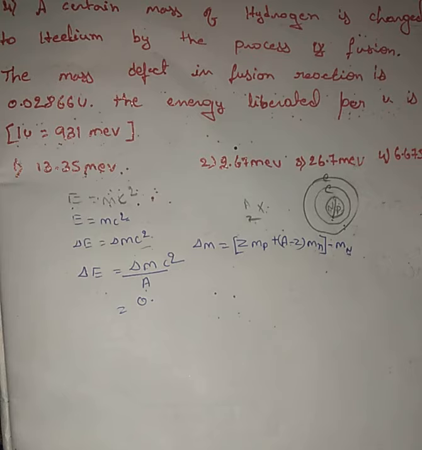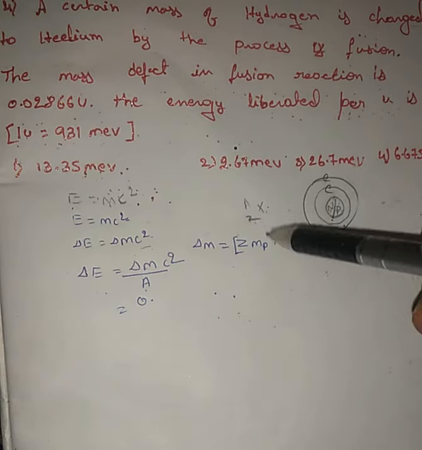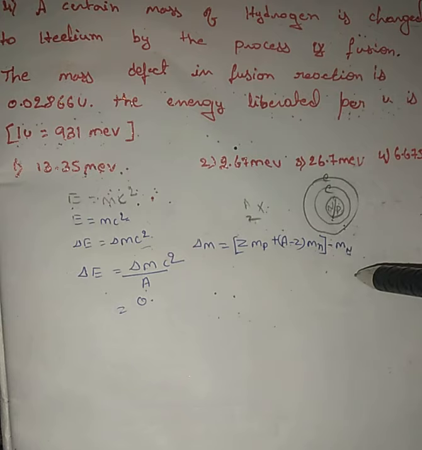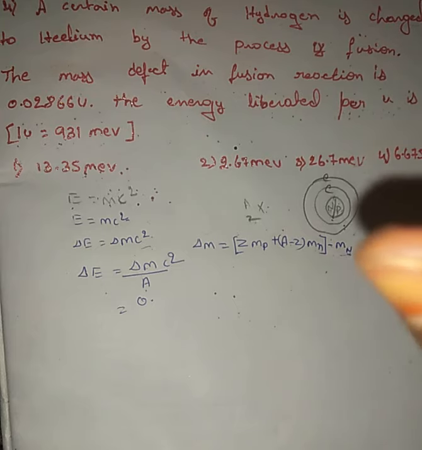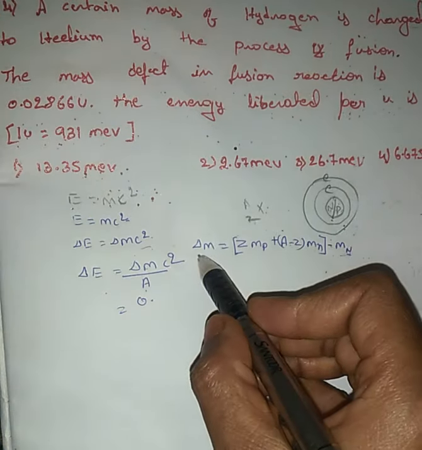Mass defect is defined as the mass of the individual constituent particles present in the nucleus minus the mass of the nucleus. The actual mass of the nucleus differs from the sum of the constituent masses, so it is called the mass defect.